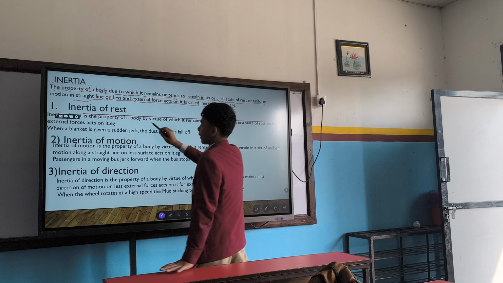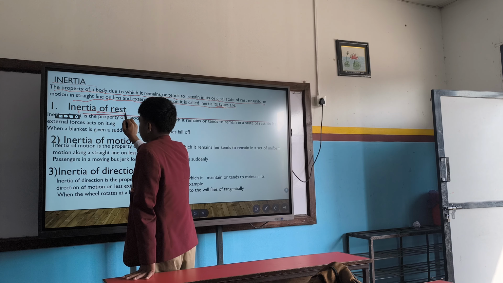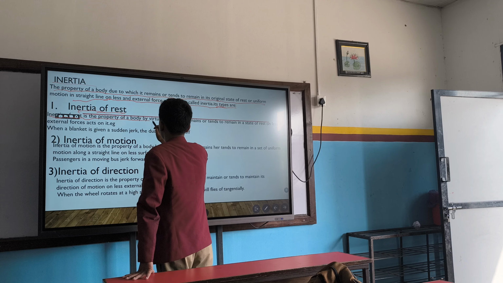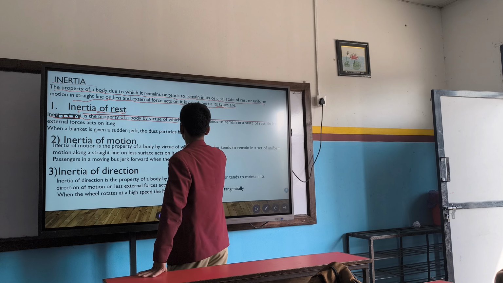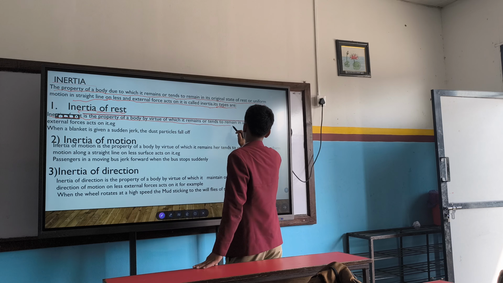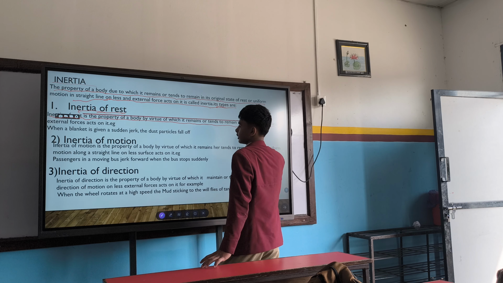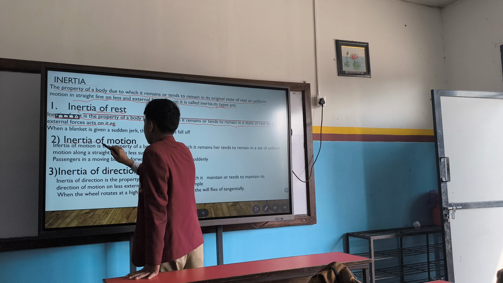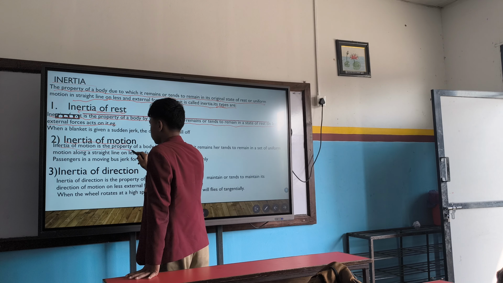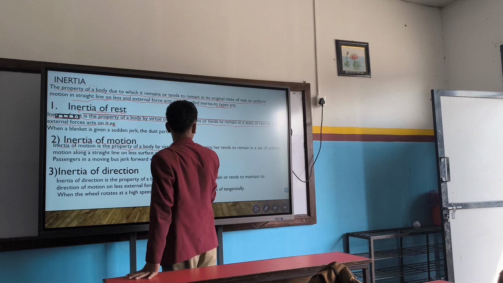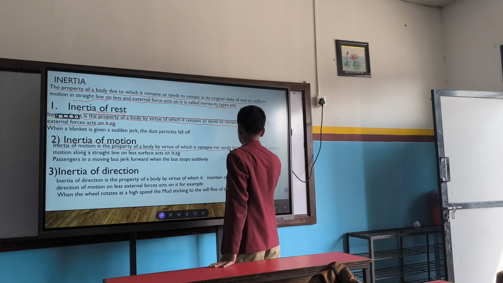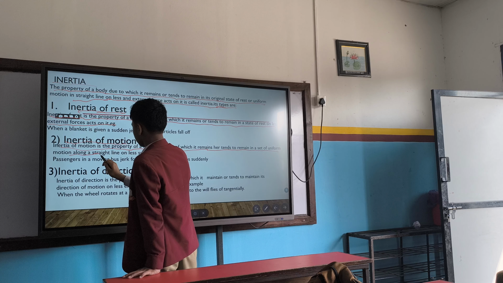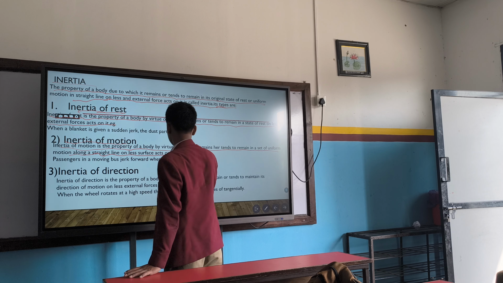Its types are inertia of rest and inertia of motion. Inertia of rest is the property of a body by virtue of which it remains or tends to remain in a state of rest unless an external force acts on it. Inertia of motion is the property of a body by virtue of which it remains or tends to remain in a state of uniform motion along a straight line unless an external force acts on it.